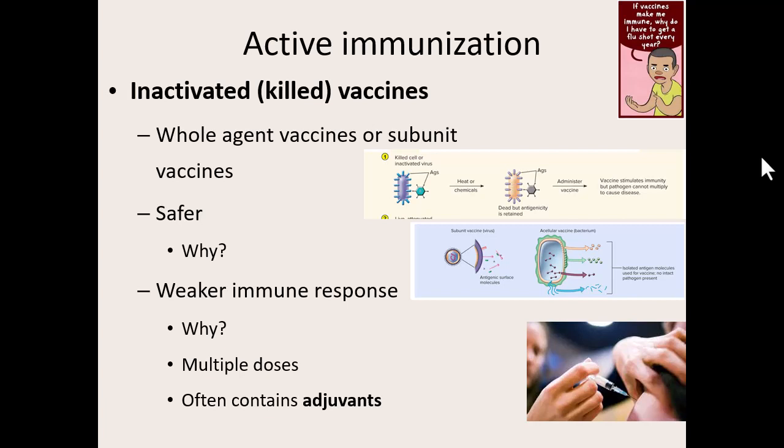But it does have a weaker immune system response. And the big reason is because the only thing that's in your body to trigger the immune system is whatever was in that vaccine to begin with. So it can't reproduce. Instead of the 10 bacteria that went in there to trigger an immune response, in a live organism those 10 would reproduce for a short time and we might have 1,000 bacteria triggering a really strong immune system.